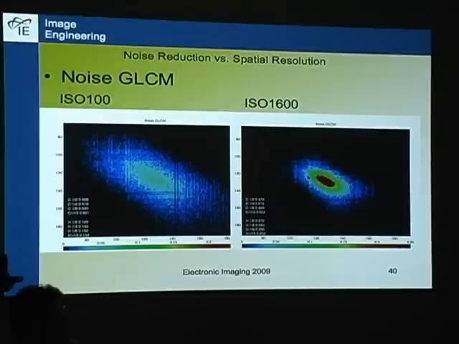The problem is, how do you convert that into a single number? Because that's what people usually want, a single number. What is the loss of texture in the image due to noise reduction? So it's hard to come up with a single number out of this experiment.